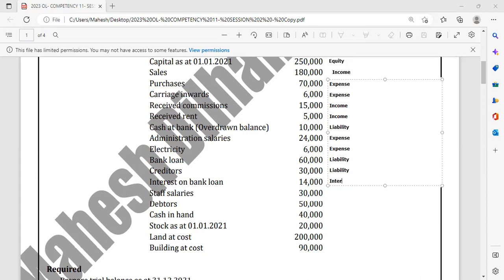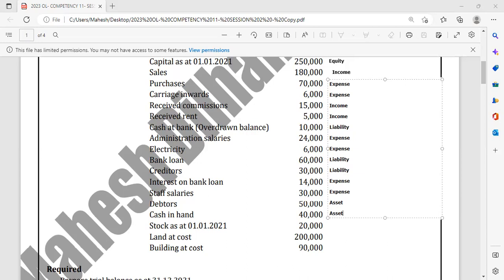Sorry, interest on bank loan is an expense. Then staff salaries, expense. Debtors, asset. Cash in hand, son, asset.